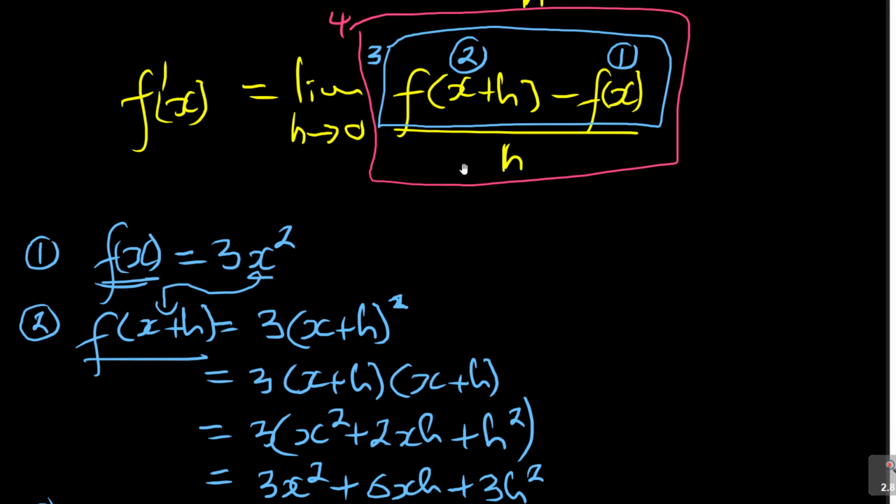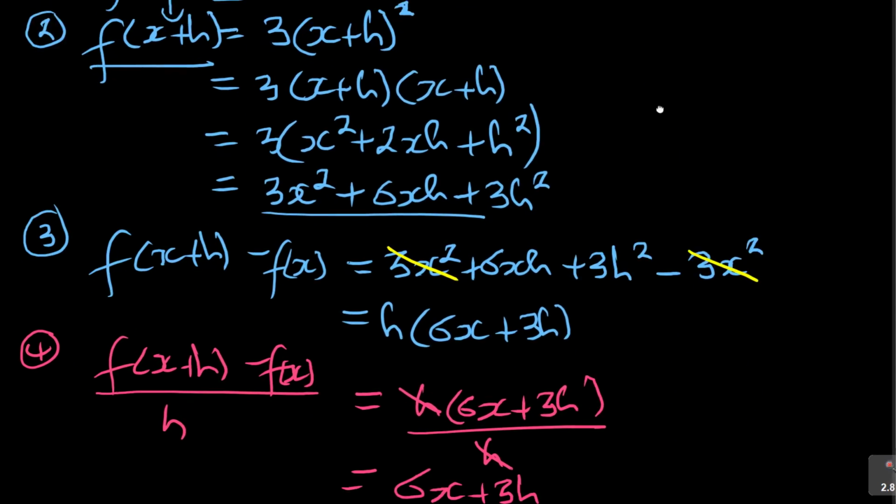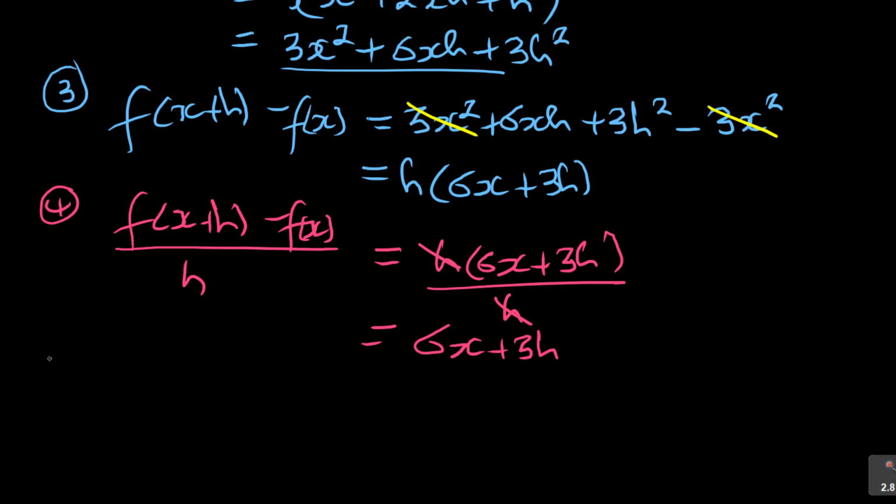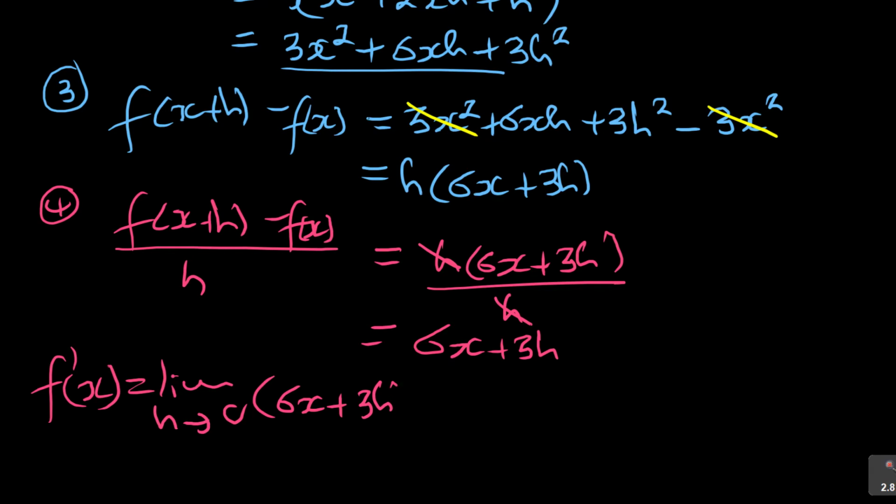Then you write the whole formula, and then you say lim h approaches 0, and then you're going to say f prime x is equal to lim h approaches 0 of what? 6x plus 3h. Are you getting that? Which is equal to, when h approaches 0, it's 6x plus 3 of 0. See, the answer is 6x.